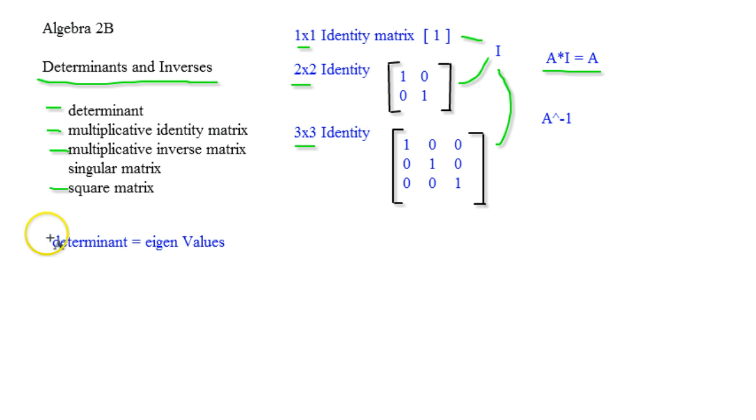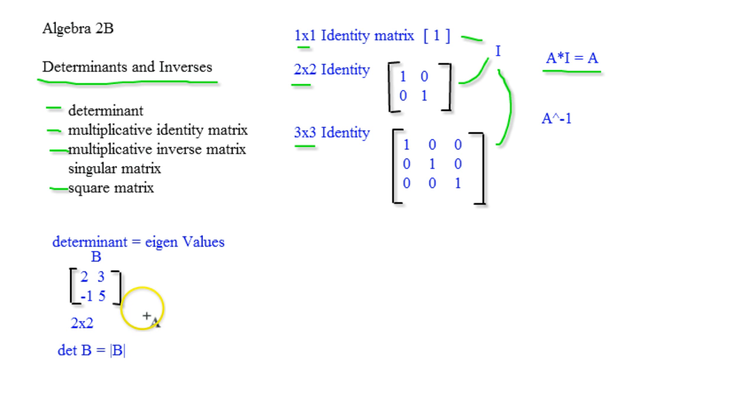Now, for a 2 by 2 matrix, here's what it's going to look like. To find the determinant, let's call this matrix B, since we've already used A. If I wanted to find the determinant of B, I could either write it as determinant of B, or use the absolute value marker, and that's going to be the determinant.